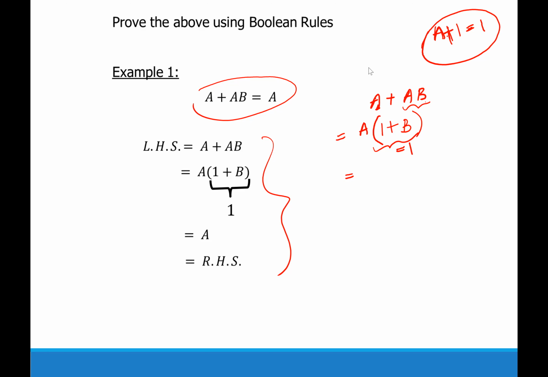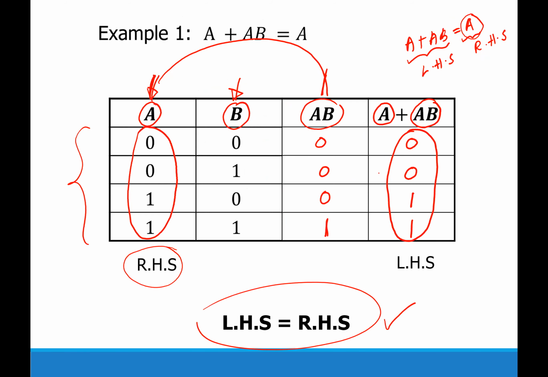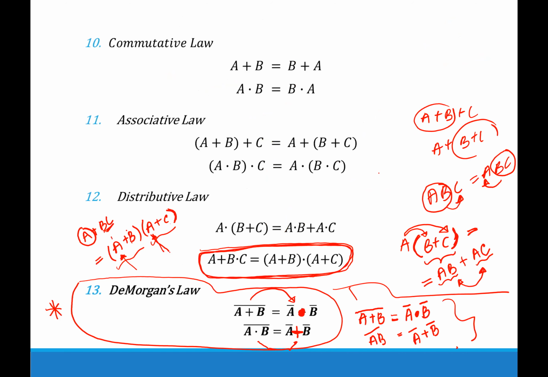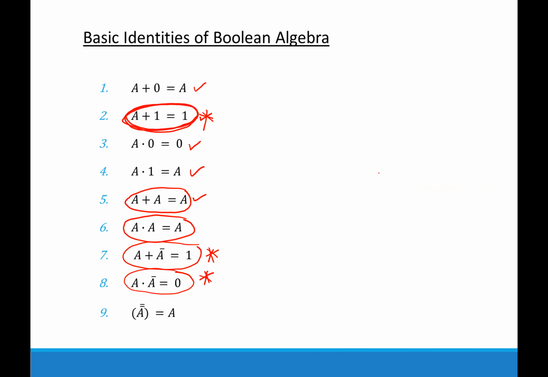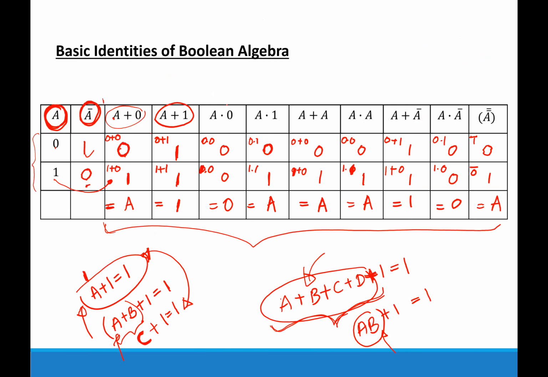So I got that answer by using previous rules. I guess you can remember, right? Here we proved that A plus 1 is equal to 1.